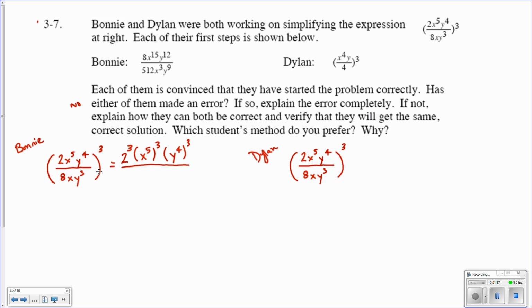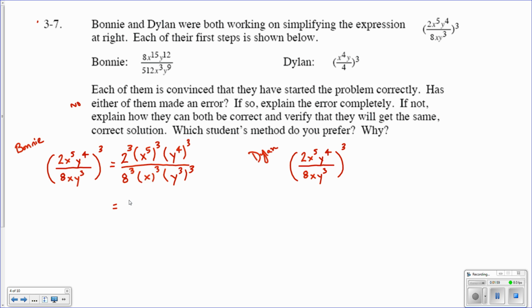And that is going to end up being over 8 to the third power, x to the third power, and then we also have y to the third power. Now let's just simplify each of those.